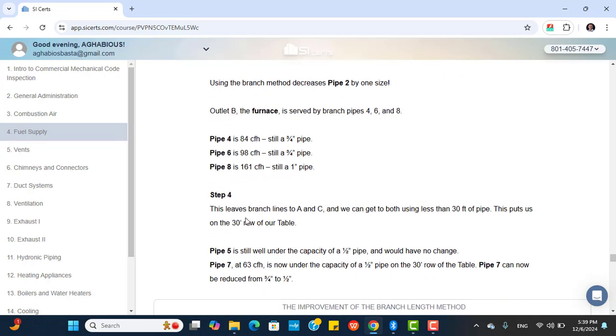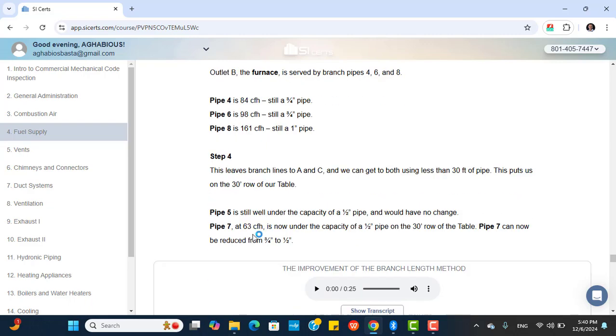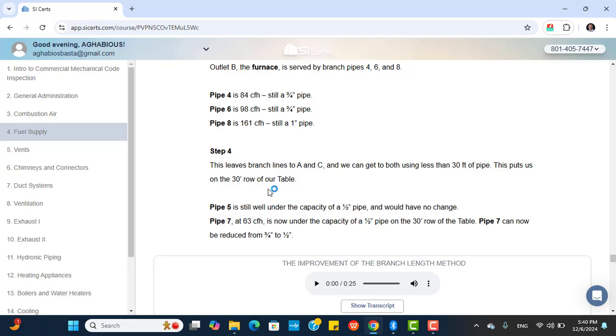Step 4, this leaf branch line goes to A and C, and we can get to both using less than 30 feet of pipe. This puts us on the 30 feet row of our table.